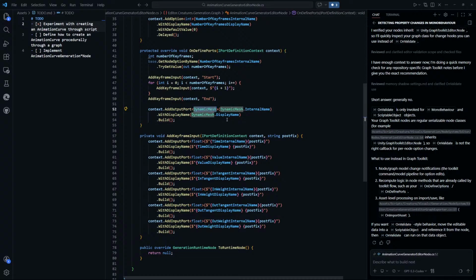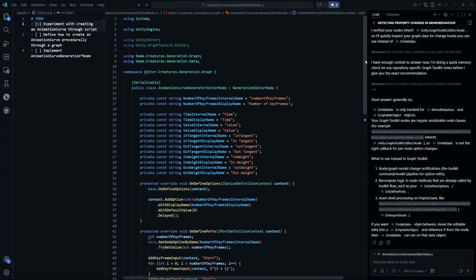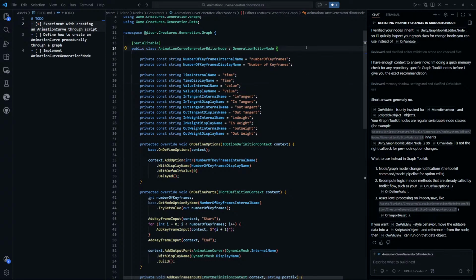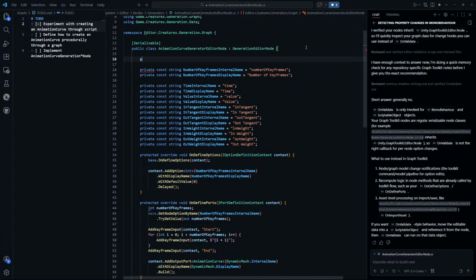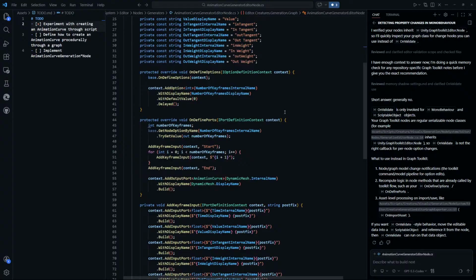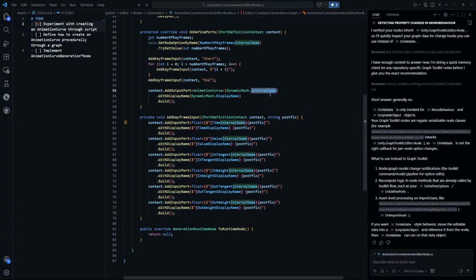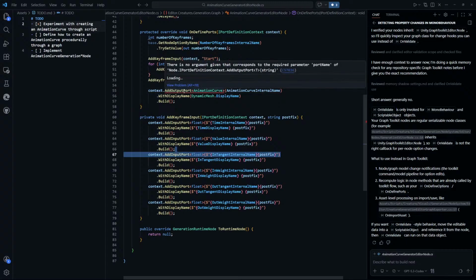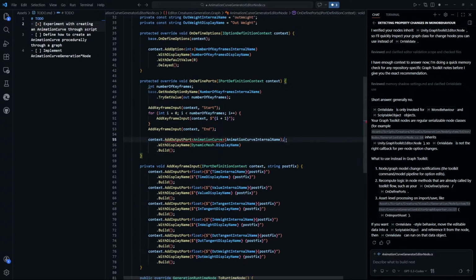We want an animation curve. Did I screw up?